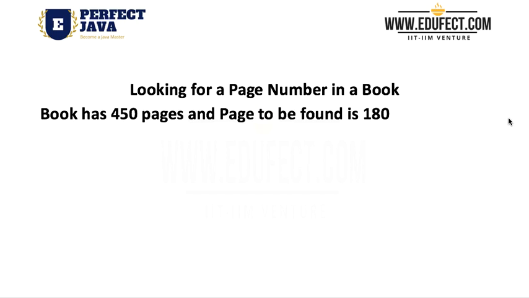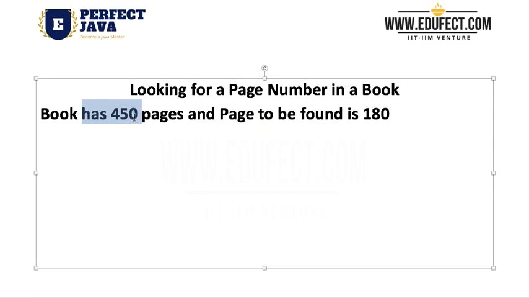Okay. Let's look at a problem that we want to solve. Suppose we are looking for a page number in a book. Let's assume the book has 450 pages and the page number we are looking for is 180. So how do we find it? Suppose the rule we use is that we will always open the book in the middle.